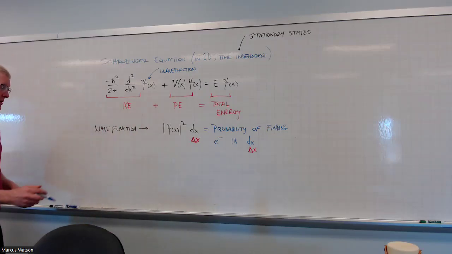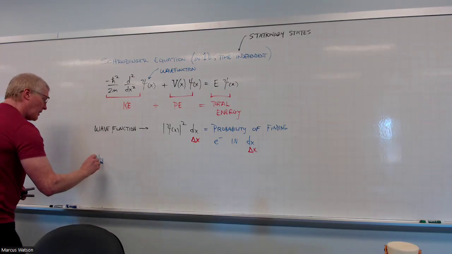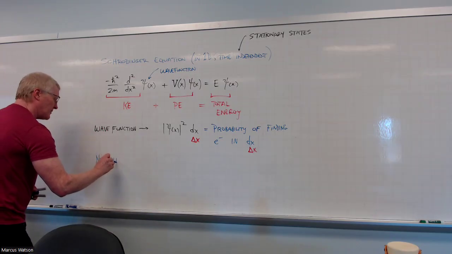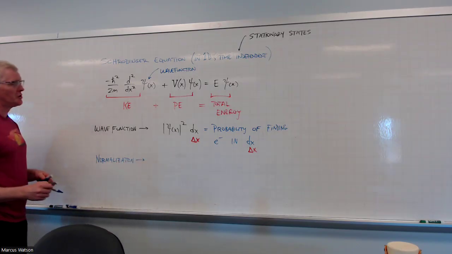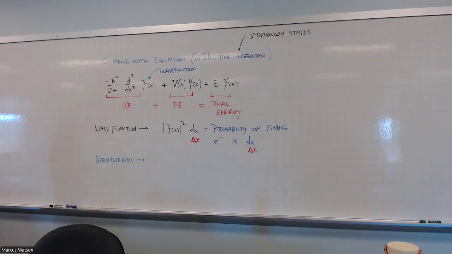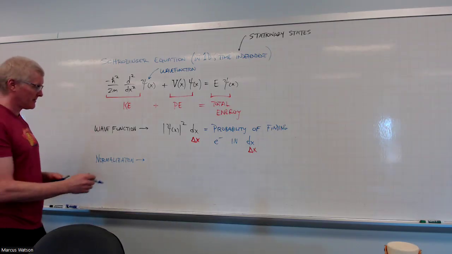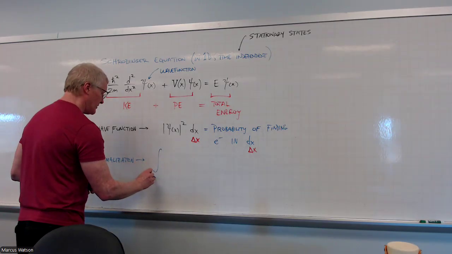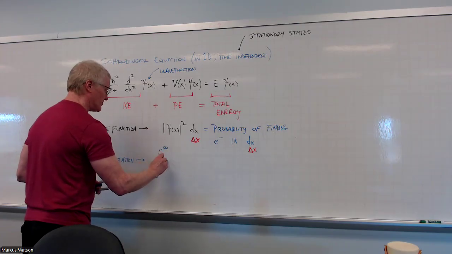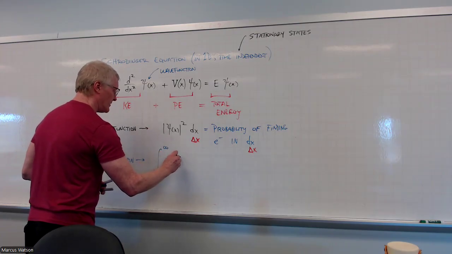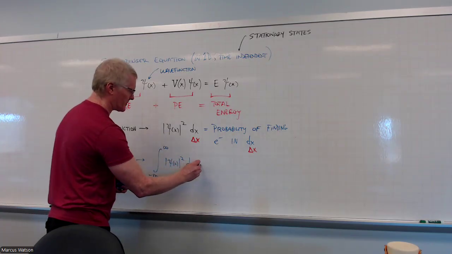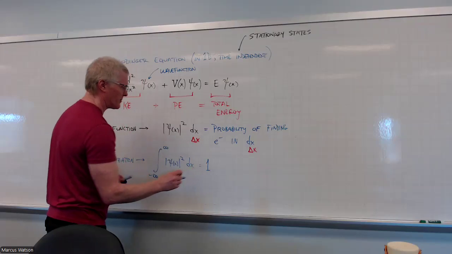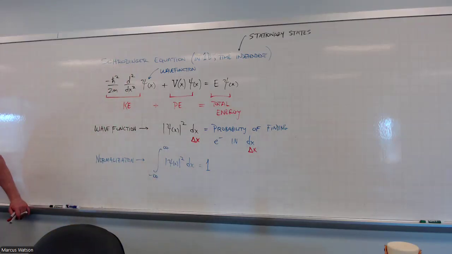And since you insist on having an electron, you should be able to find it somewhere, which means that the wave function should be normalized. If I take all of these probabilities and add them up through all of space, I should find the probability to be 100% that I found the electron somewhere in there.